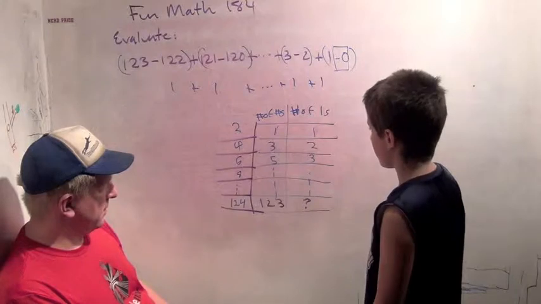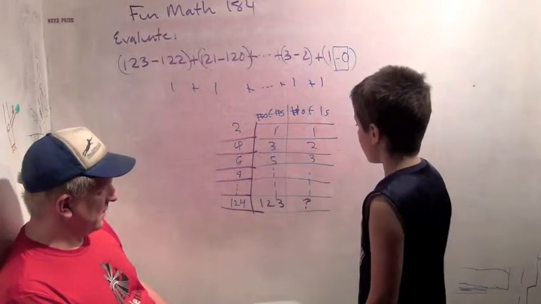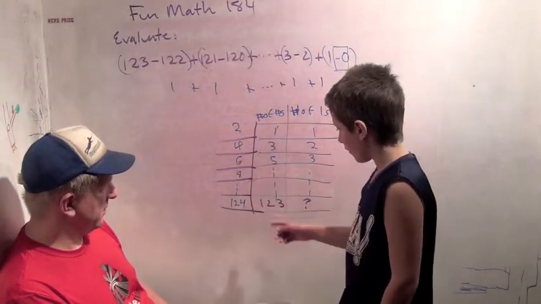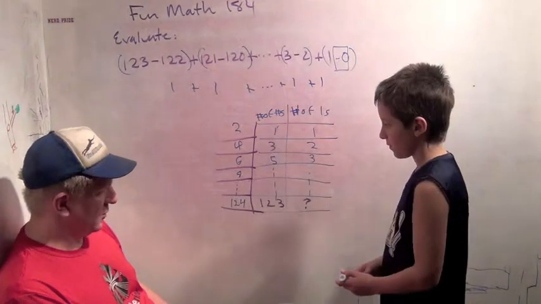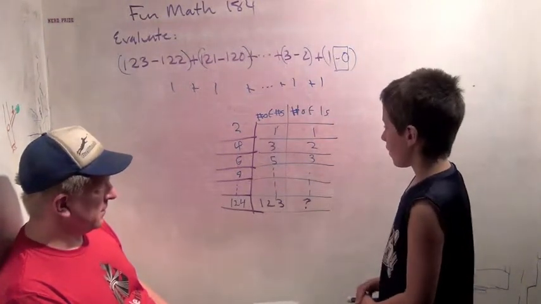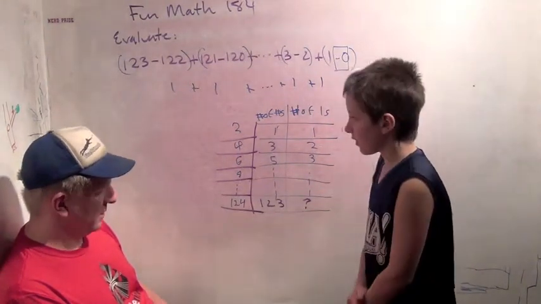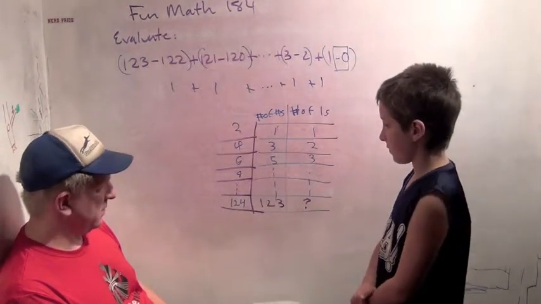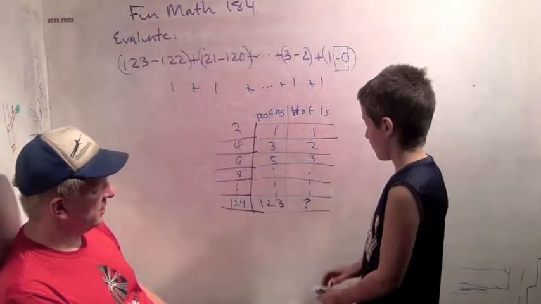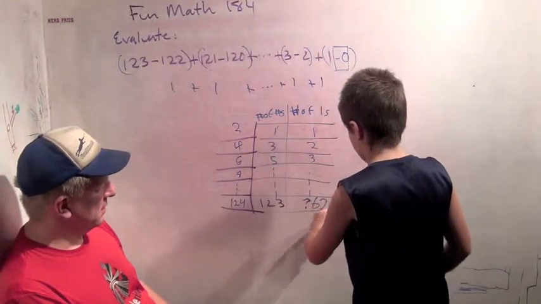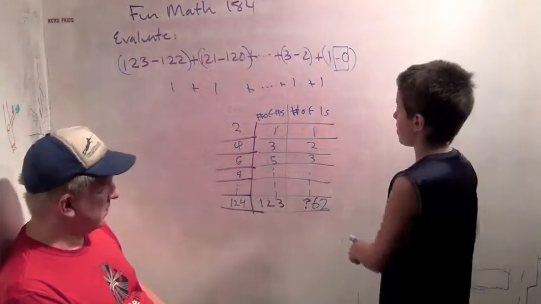So this number is 124 divided by 2. Which is what? Well, 100 divided by 2 is 50. It's 62. Okay, so go ahead and write that in. Because we have an extra number.